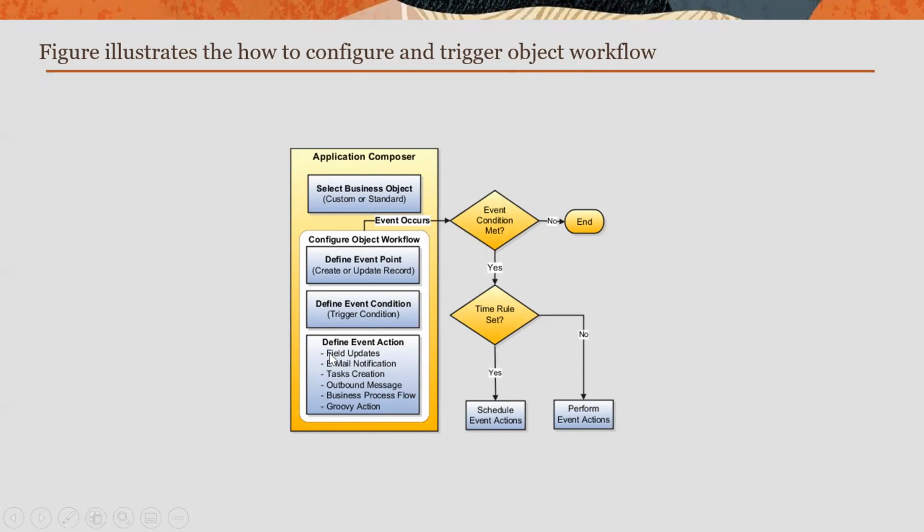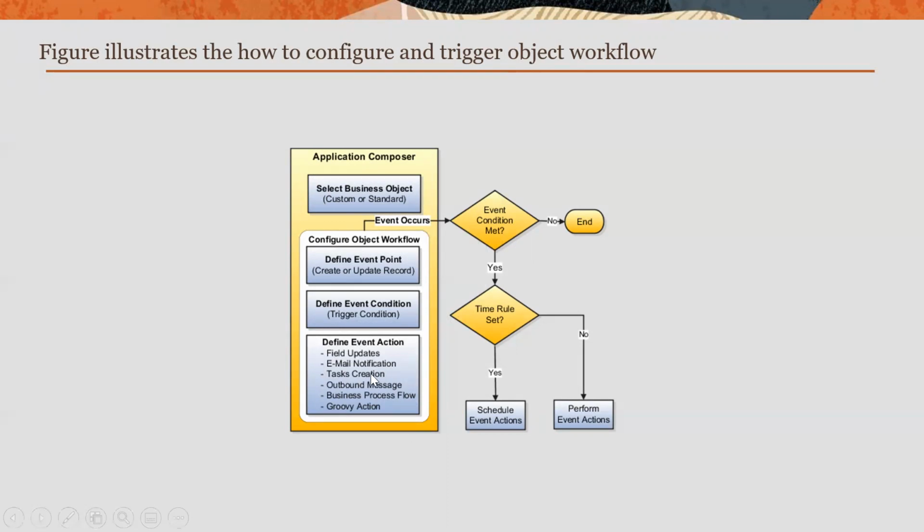Using this workflow, we can update a field in that particular record. Suppose we are writing a workflow on the opportunity object, we can update any one of the fields in the opportunity, and we can schedule all these actions.